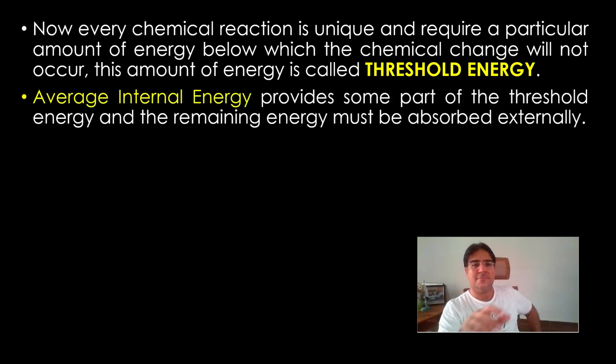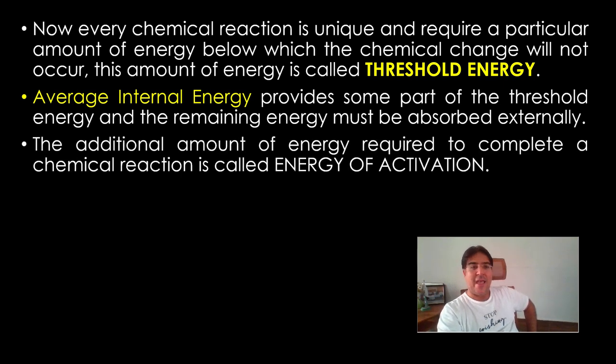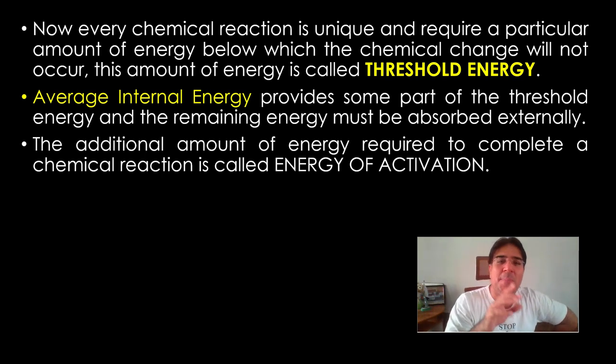Average internal energy provides some part of the threshold energy, but there's still some energy remaining. It must come from outside. This additional amount of energy required to completely convert the reactants into products is known as energy of activation, or activation energy, or EA.